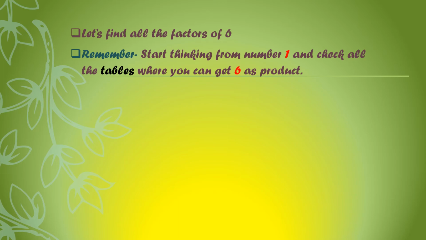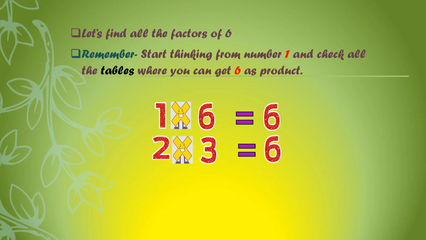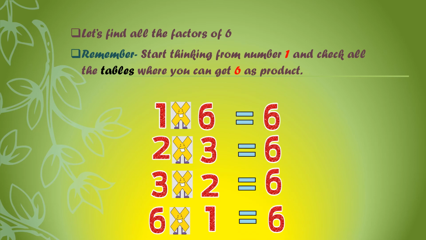So in multiplication table of 1, 1 into 6 gives us 6. Then 2 multiplied by 3 also gives us 6. 3 multiplied by 2 gives 6. And again 6 multiplied by 1 also gives us 6. Now children, you can see here that after 2 times 3 equals to 6, 3 times 2 is also equals to 6.